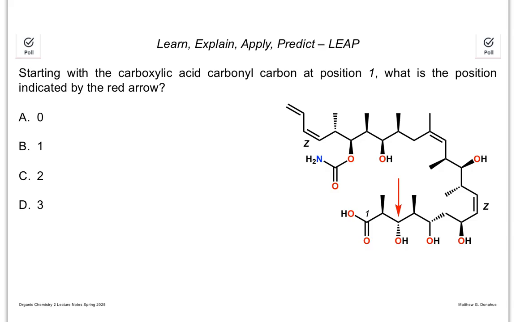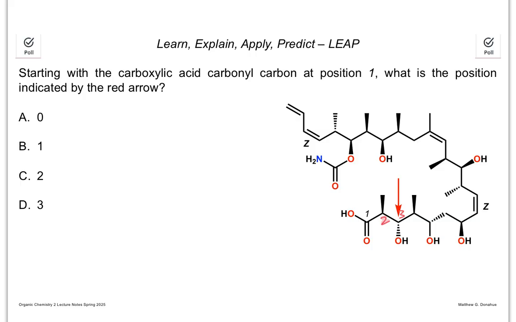If we use the carbonyl carbon as our anchor point of 1, and then we walk over to that red arrow, what number should be there? So 1, 2, 3.